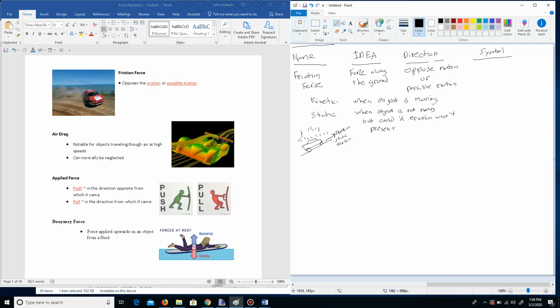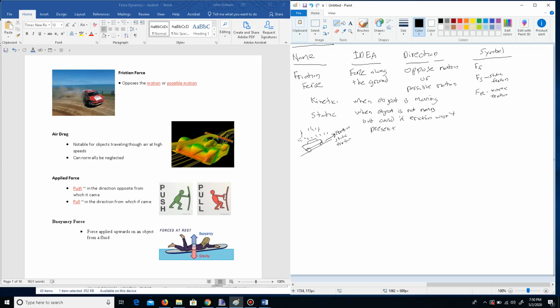So the symbols can get really confusing with this. You can have F_f, which is just basically the friction force. You could have F_s, which is the static friction. You can have F_k, which is the kinetic friction.